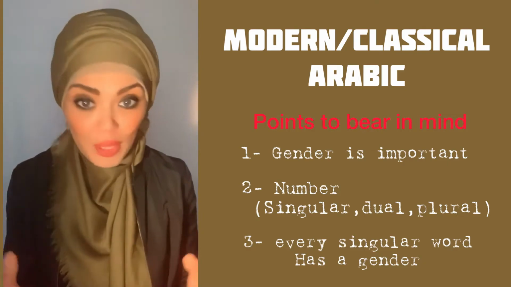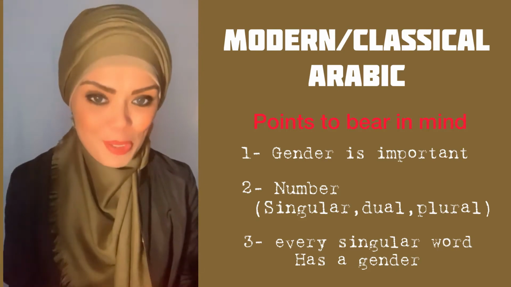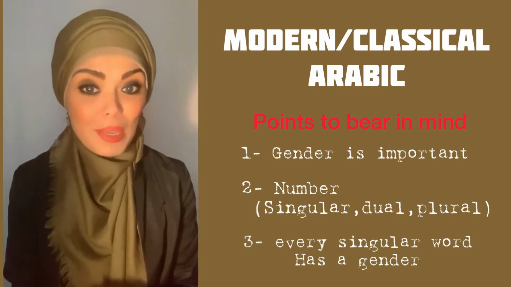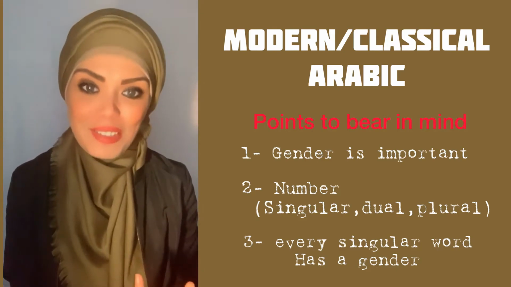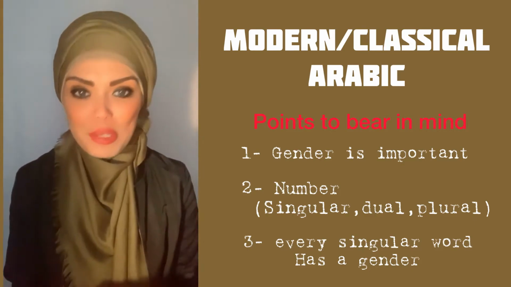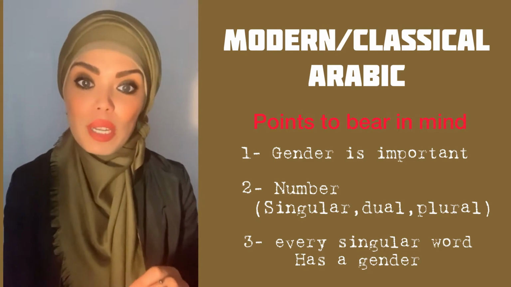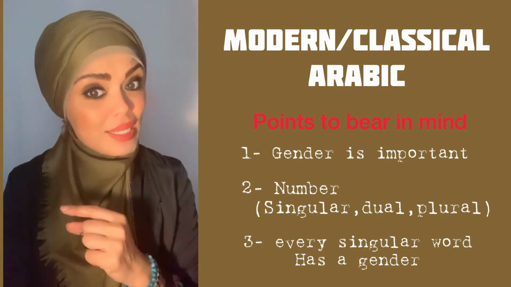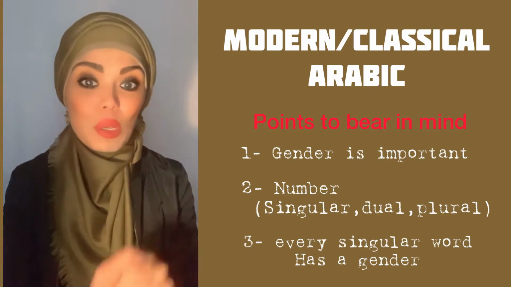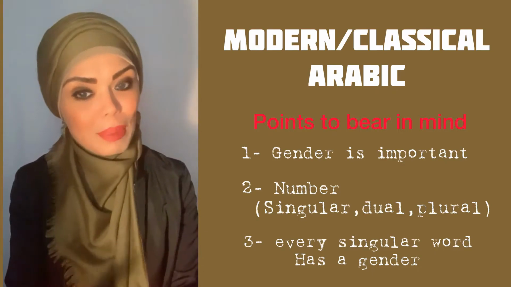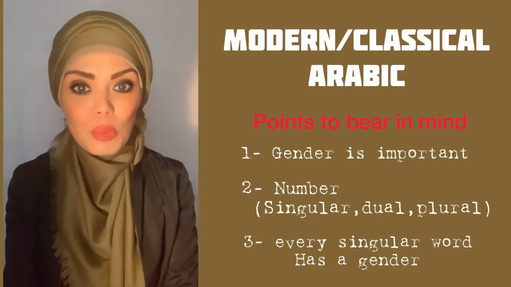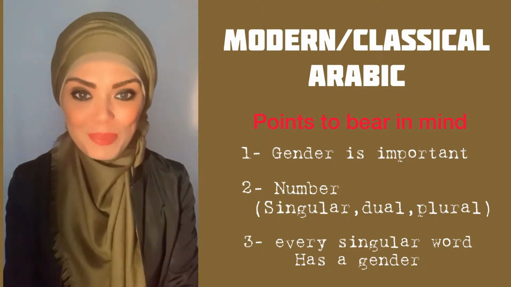But everything else which is non-human also has a gender. So a book has a gender in Arabic. It's not a physical gender, but a grammatical gender. This is very important because that takes us to the first point, that speaking to a masculine is completely different grammatically to speaking to a feminine.